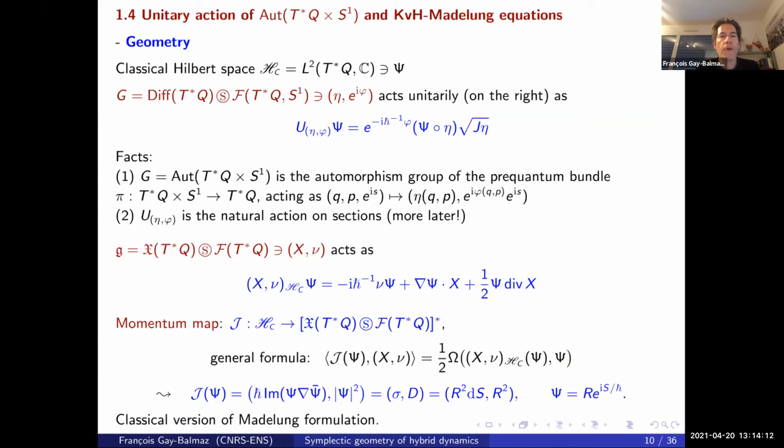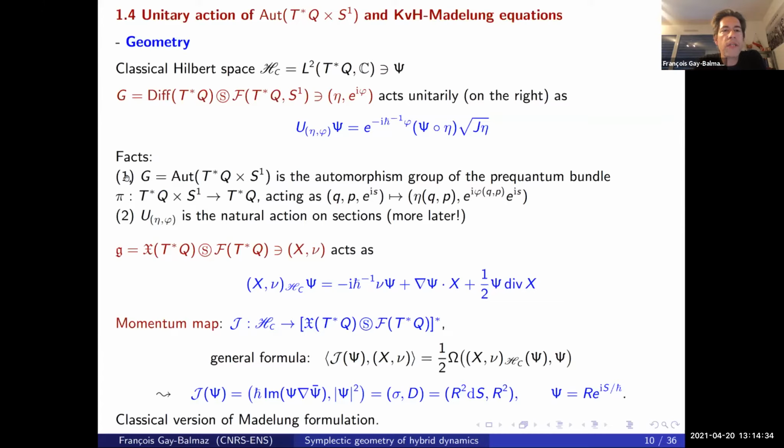So the first unitary action that interests us is in the context of this KVH equation. As you will see, there are two main unitary actions that play a role in this classical theory.